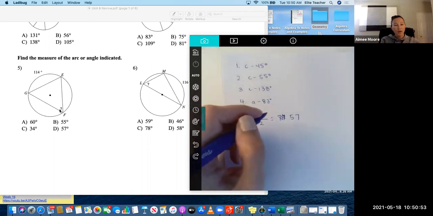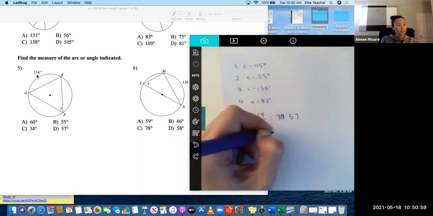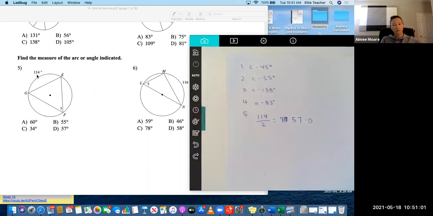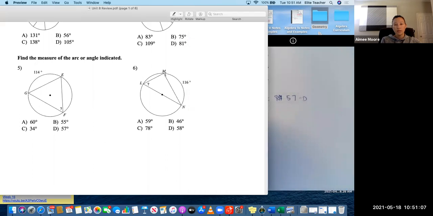So that angle would be 57, because 57 times 2 is 114. Number 6, we have this angle is going to be half of this arc. So we need to do 116 divided by 2, which means that would be 58, which is D.